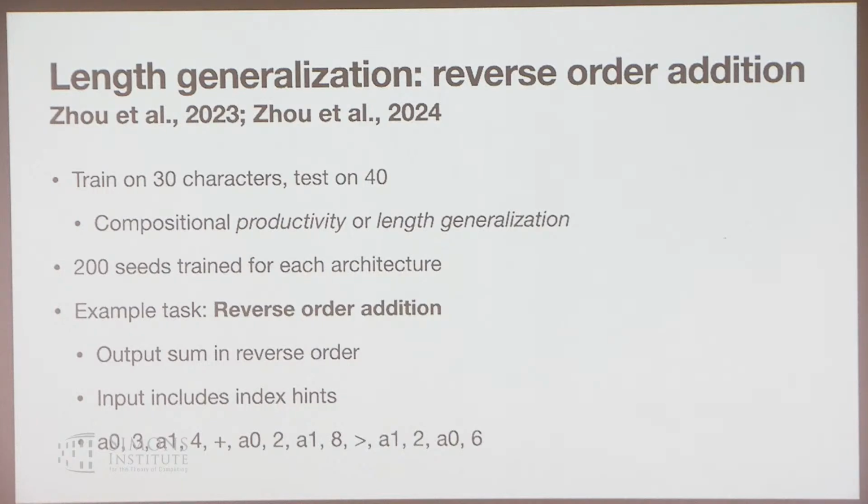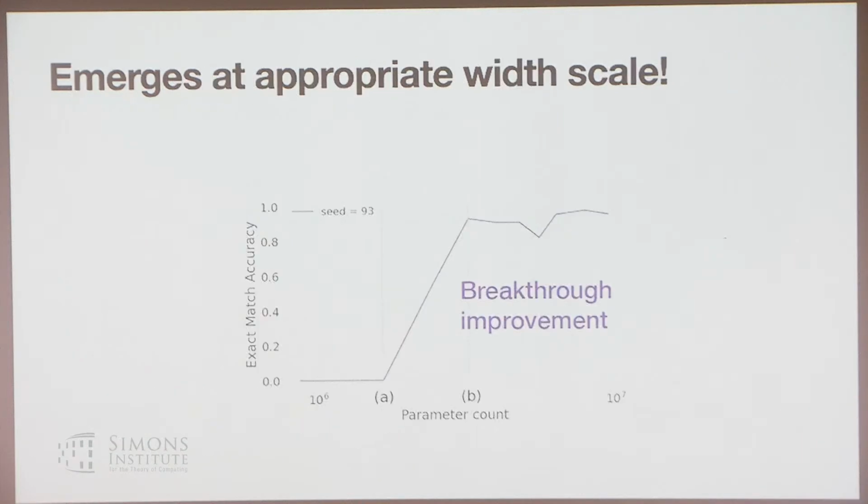Okay, this is a type of compositionality that's generally referred to as productivity. It's a question of, are you behaving productively or not in terms of being able to extrapolate the algorithm you're using to longer sequences.